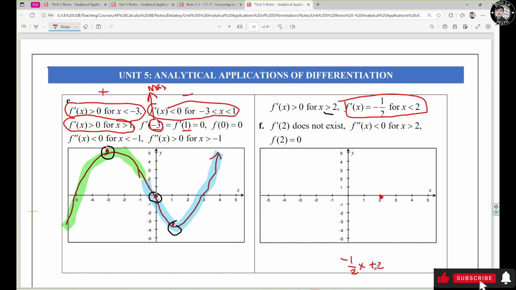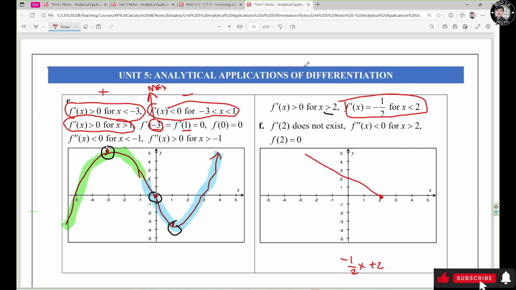I'm going to locate the y-intercept, right? The y-intercept equals 2, right? So I'm going to go down by 1, go to the right by 2, right? So it could be something like this. This is a straight line, right? Now, f prime of s greater than 0 for s greater than 2.